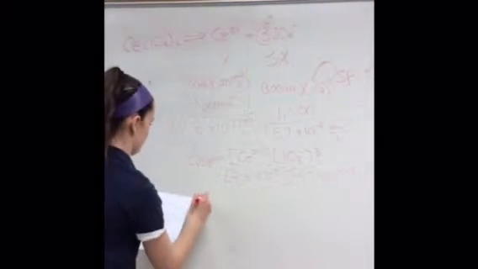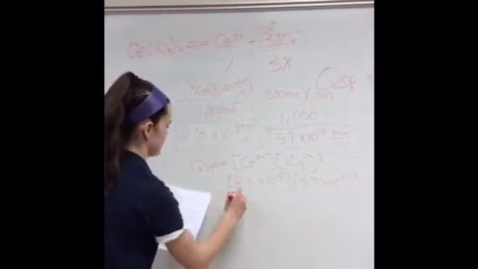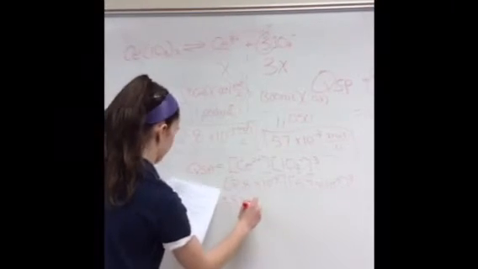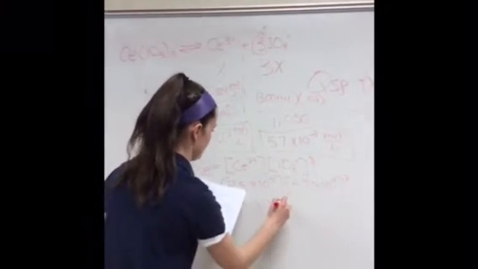And then you just multiply it out. So the QSP is going to equal 5.2 times 10 to the negative 10.